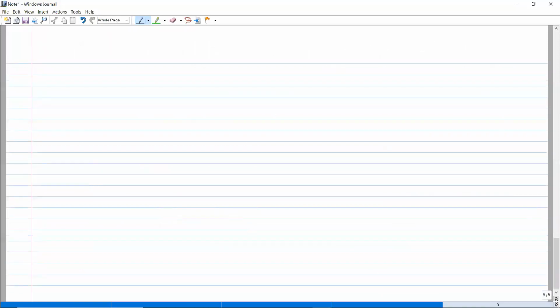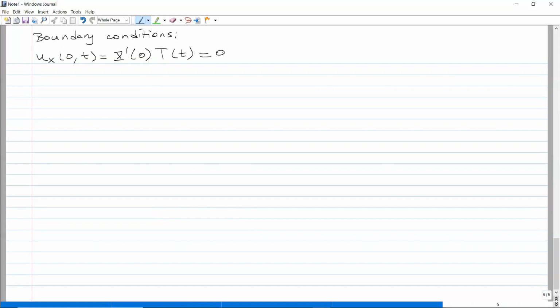Now, boundary conditions. U sub x at 0, t. This is going to be X prime of 0 times the function T at t. X only depends on x. And since this is equal to 0, we want non-trivial solutions, so we don't want the function capital T to be 0.